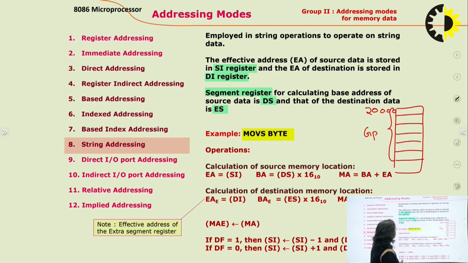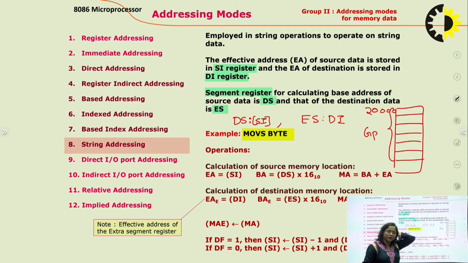So we can say the source address is data segment, SI, and destination is extra segment, DI. So this will specify the starting address.